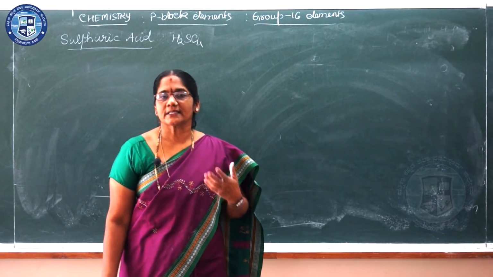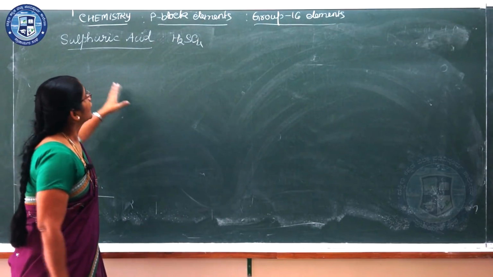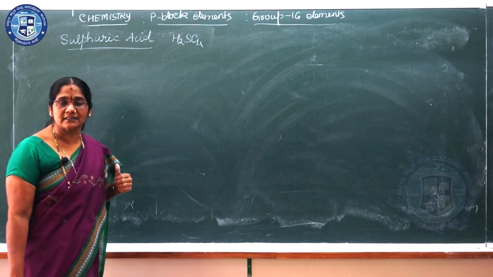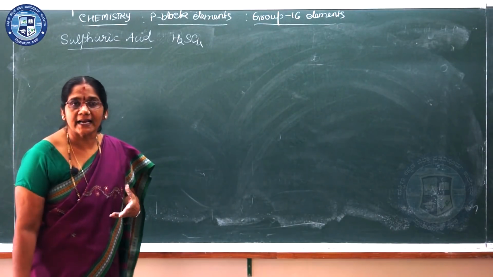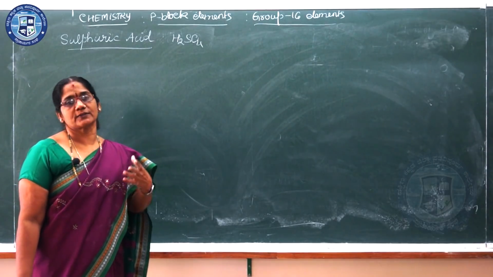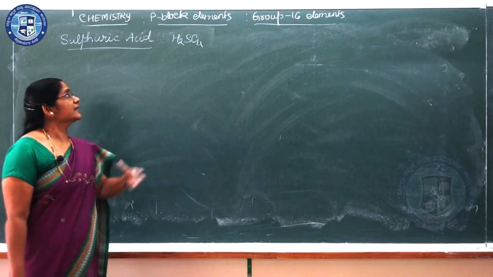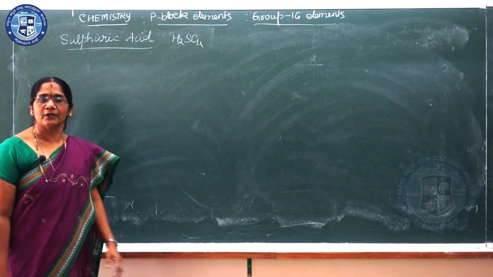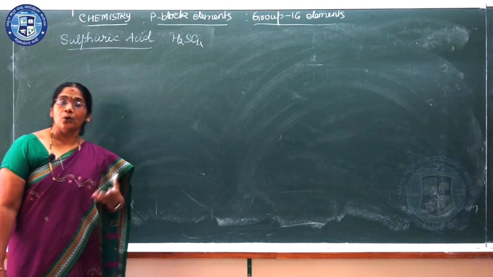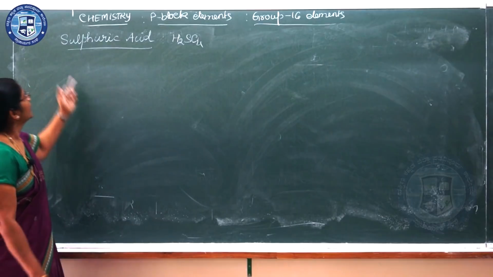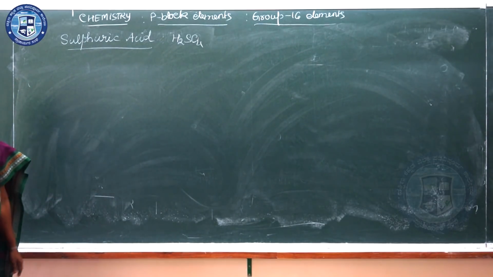The growth of the industries in a nation was normally decided by the amount of sulfuric acid prepared, because more consumption of sulfuric acid means more industries. So sulfuric acid is a very important oxo acid of sulfur.